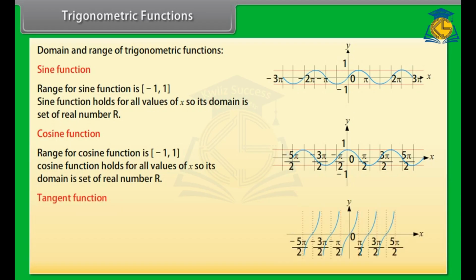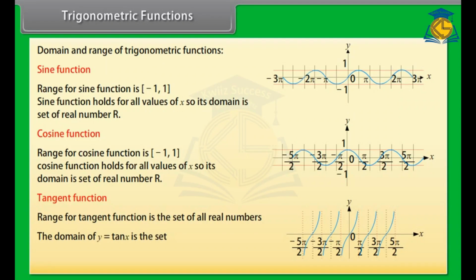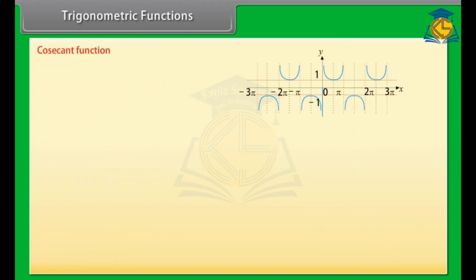Tangent function. Range for tangent function is the set of all real numbers. The domain of y equals tan of x is the set x belongs to real numbers, x not equal to (2n plus 1) into pi by 2, where n is any integer. Cosecant function.